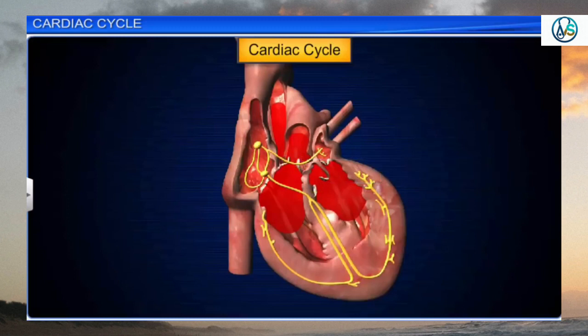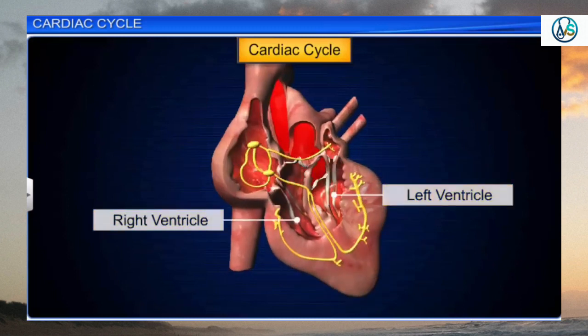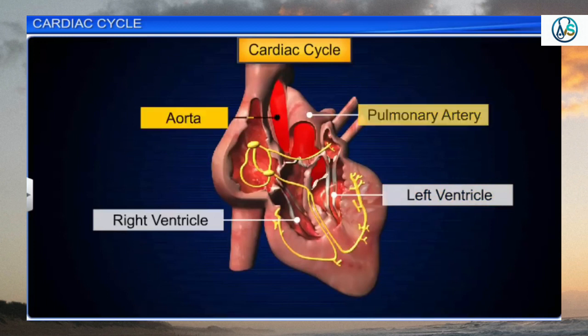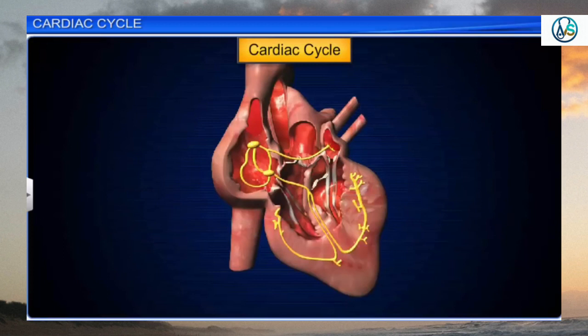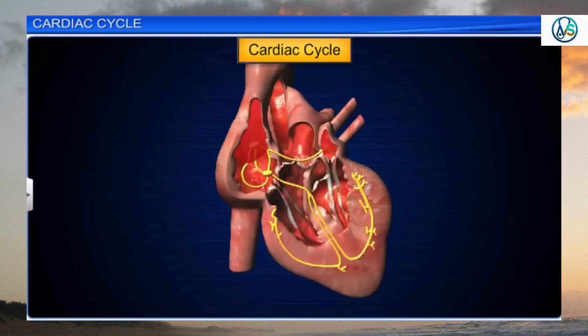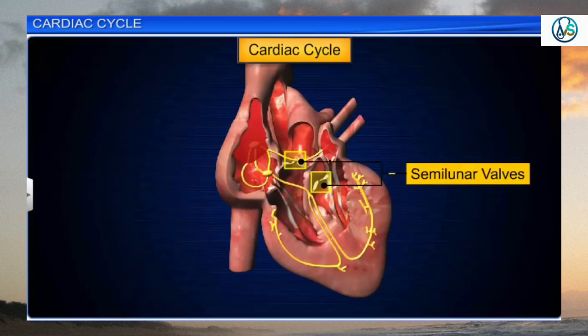This causes blood to pump from the right and left ventricles to the pulmonary artery and aorta respectively. This is followed by a ventricular relaxation or diastole, causing the closure of the semilunar valves to prevent any backflow of blood from the pulmonary artery and aorta to the right and left ventricles respectively.